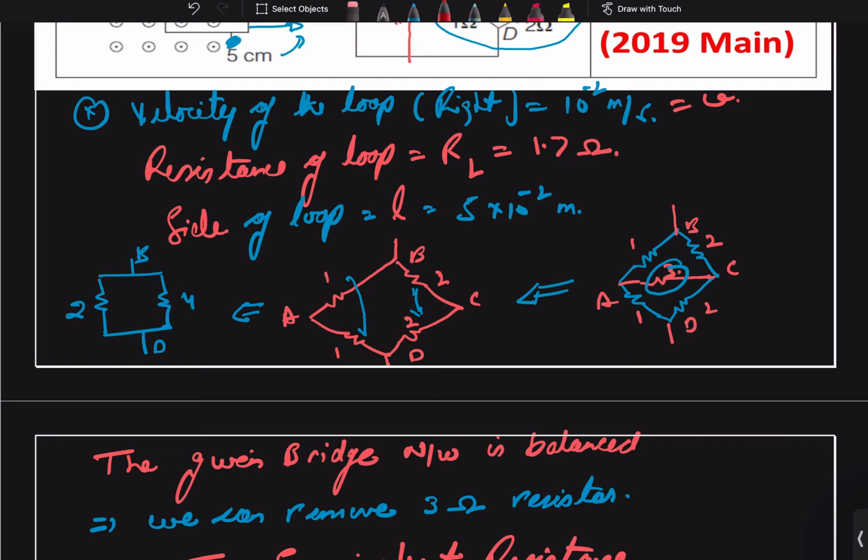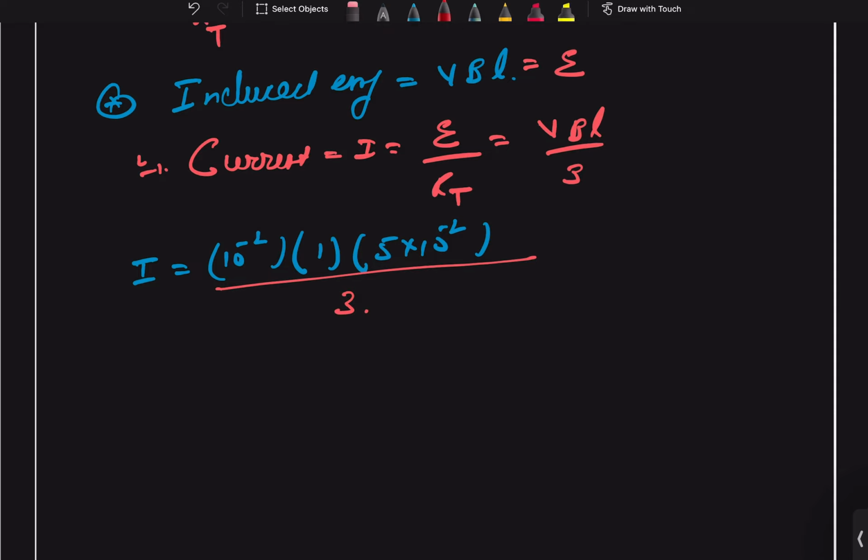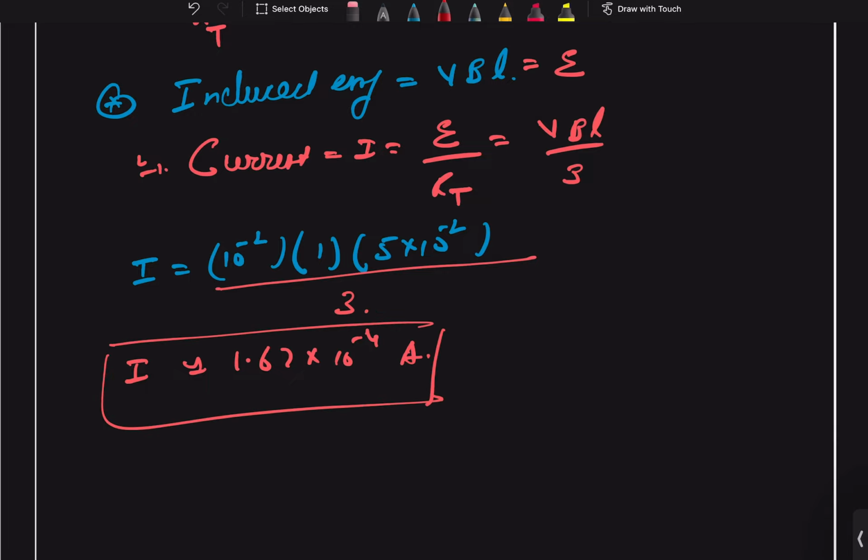Yeah, now it's correct. And divided by 3. So we can write that our current will be approximately equal to 1.67 into 10 to the power minus 4, and this will be in amperes.